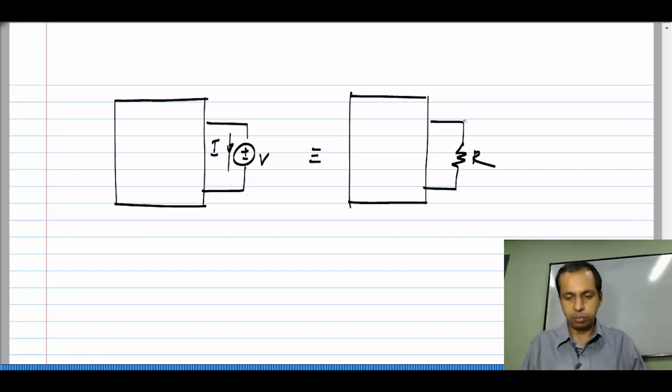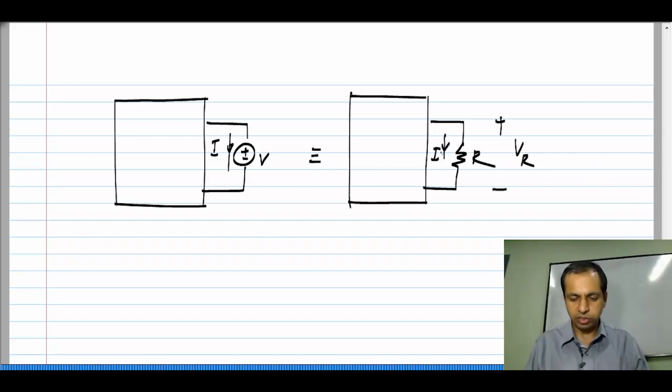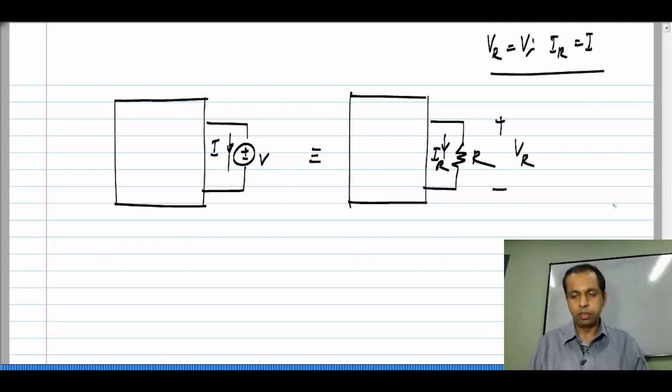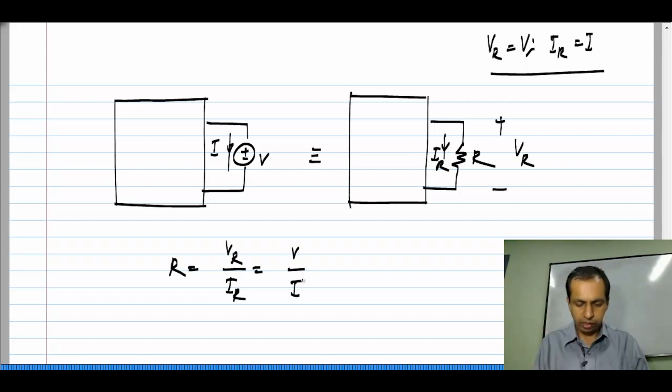Now, what should this resistor be? Again, we want the voltage across the resistor VR to be exactly the same as V, and the current through the resistor IR to be exactly the same as I. So, VR equals V and IR equals I. So, the resistance value, which is VR by IR, has to be equal to V by I.